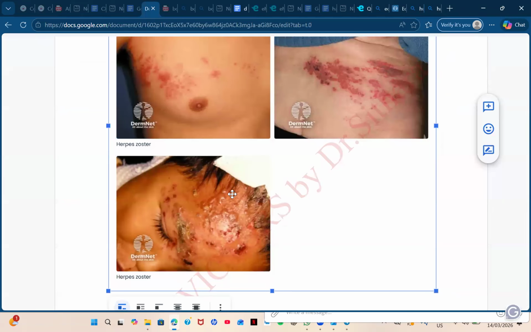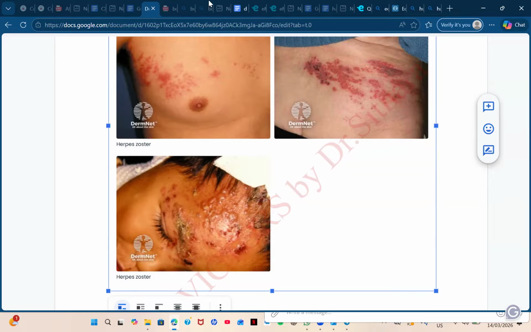Like in the head, in the area of these dermatomes, we call it Hutchinson sign. It is ophthalmic shingles characterized by a rash of vesicles on the nose and so on. It is related to the eye.